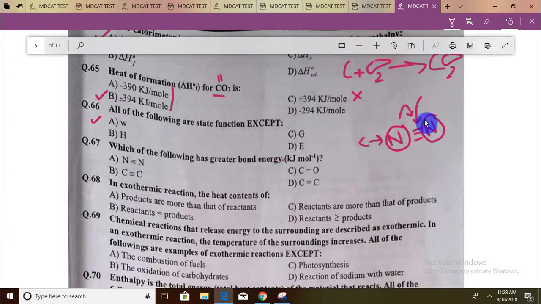So if we take a look at the actual values, this is also kind of important because it's written in the theory. It's 1072. And the reason for that would be because, no, my apologies, this is C single bonded O and C triple bonded O. So nitrogen triple bond, so what is the value?